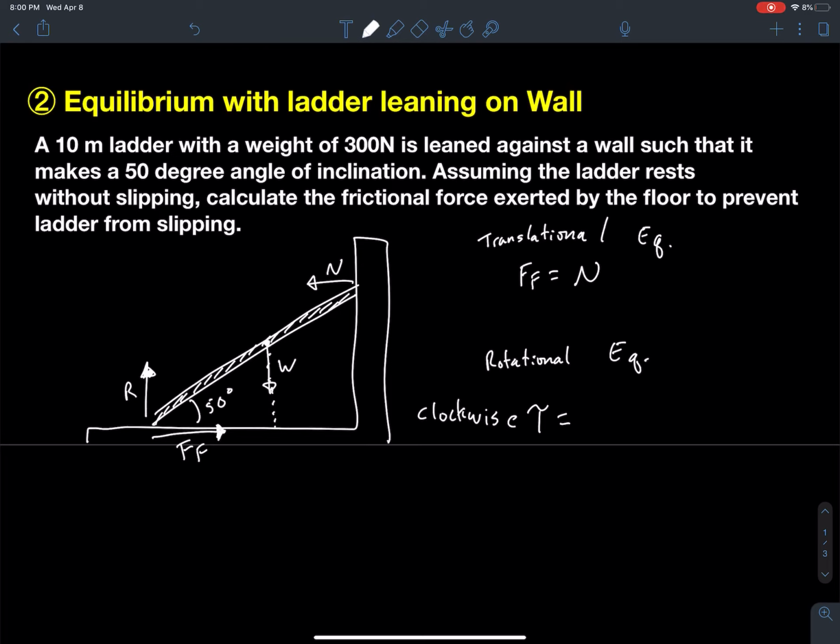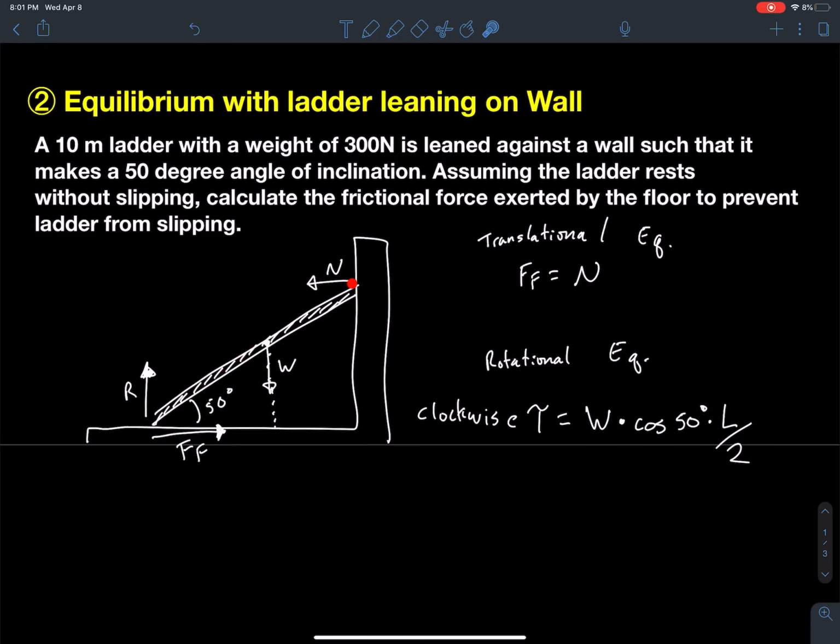So then the clockwise torque is going to be the weight of the ladder times cosine 50 degrees times the length of the ladder divided by 2. Do you understand why length of the ladder over 2? That's because the weight's center of gravity is acting halfway across the ladder.